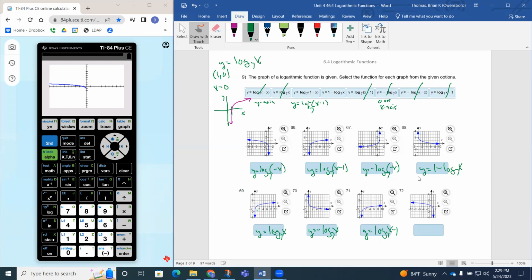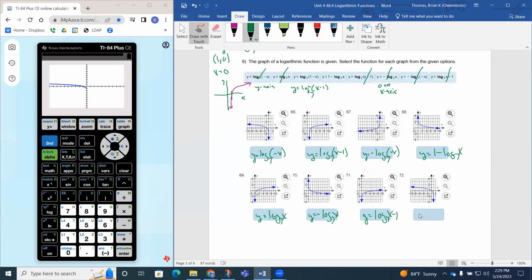So what we're looking for is that graph moving to the right one. So see if we can see that anywhere. It should be this one here. Let's see if we can double check it here.